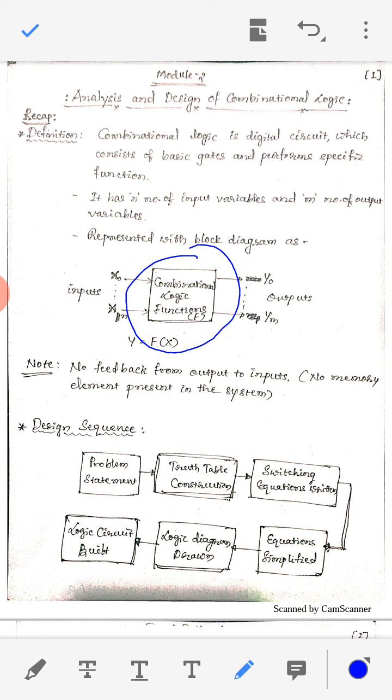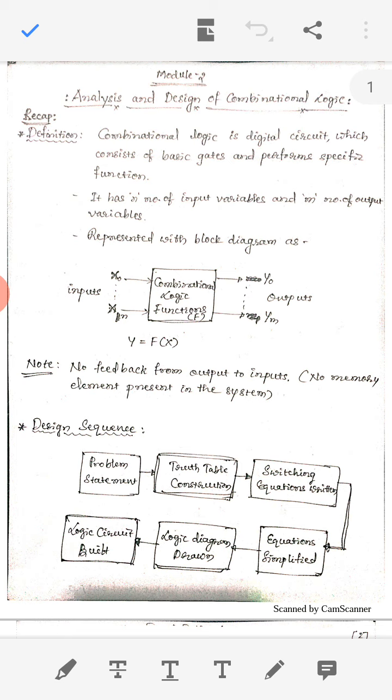If we call this a combinational system, then the outputs depend only on the present inputs. It works based on the present values of the inputs, not on past inputs or past outputs, because there is no feedback here.